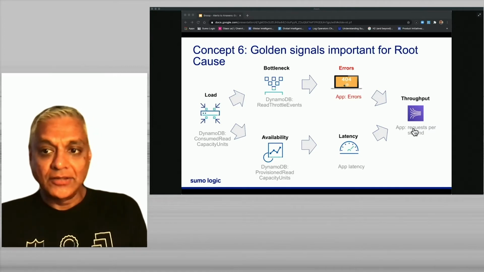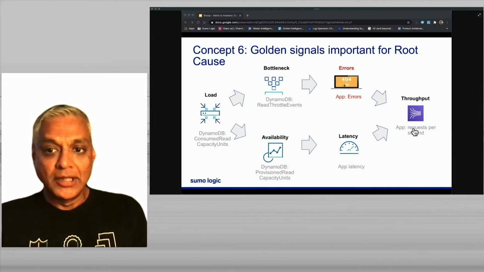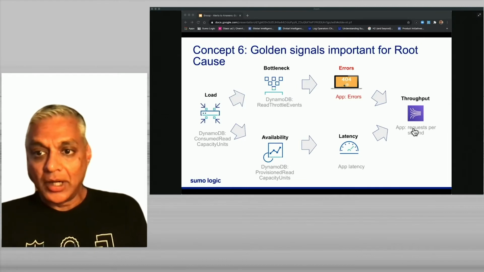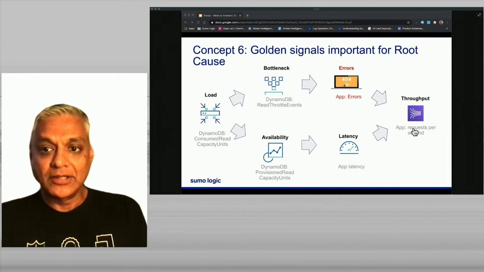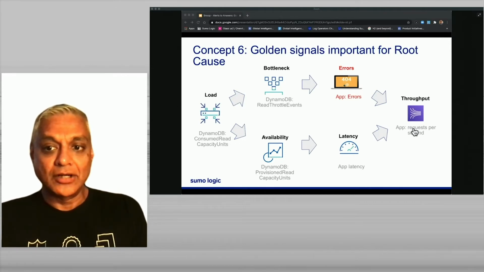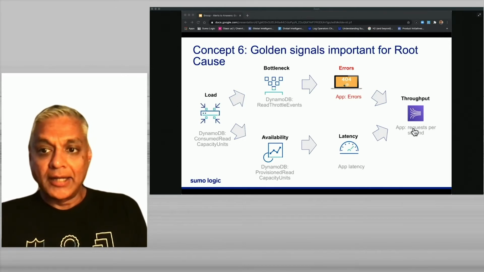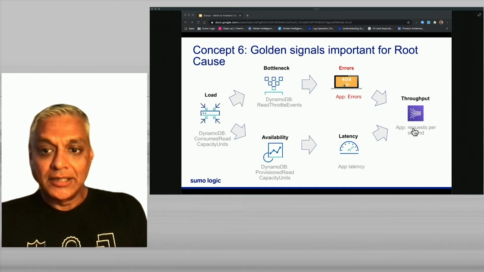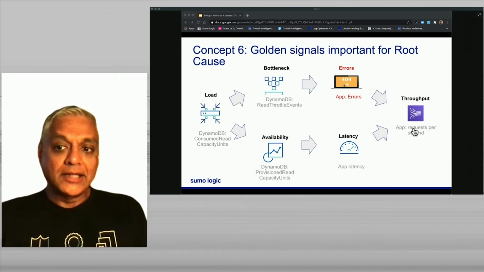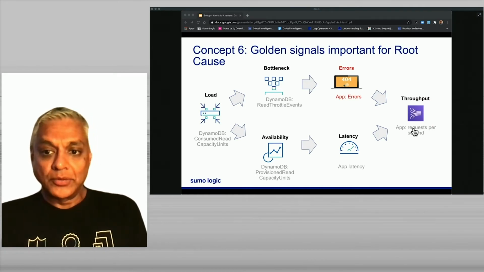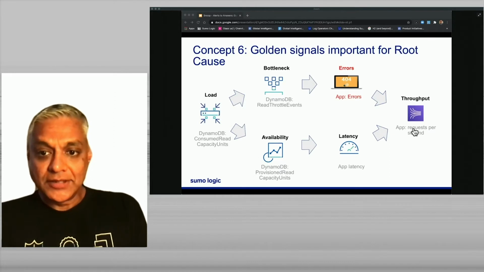Very roughly, as you see on this slide, when a system is under load, it can lead to either bottleneck events, for example, database throttling, or availability events, for example, a system or a service has gone down. Bottleneck can eventually lead to errors in the connected services. Likewise, lack of availability in one part of the system can increase latency in connected services. Errors and latency eventually lead to a drop in throughput in the connected services.